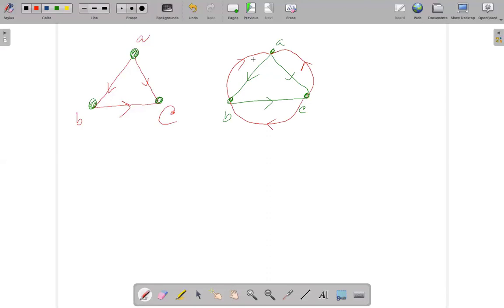So there is an edge from A to B, as well as an edge from B to A. So that's why we said in the previous slide that in directed graphs, remember UV is not the same as VU.